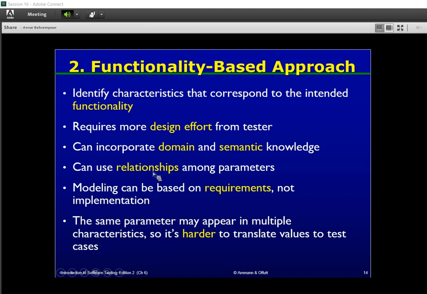We can use the relationship of the input parameters, and we could model the domain based on the requirement document, based on the specification of the software product, and necessarily there is no implementation access.